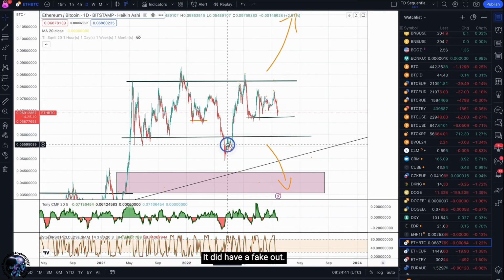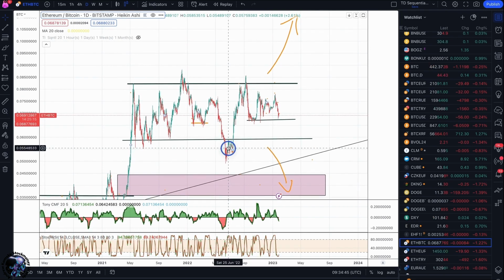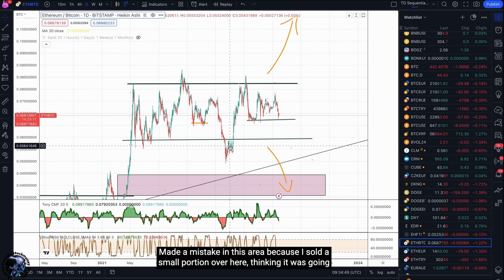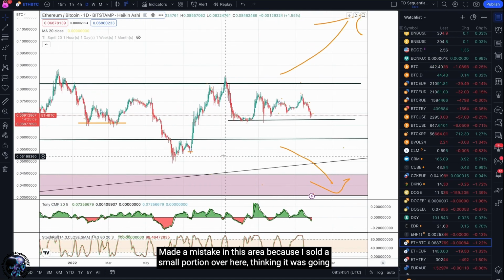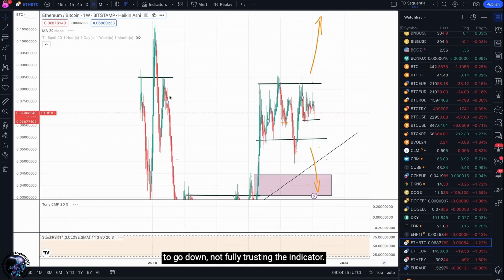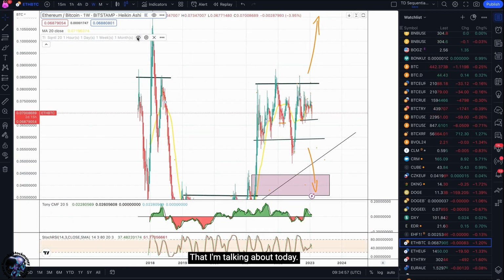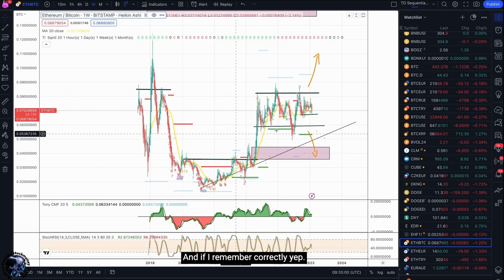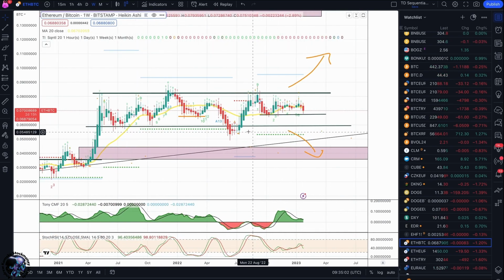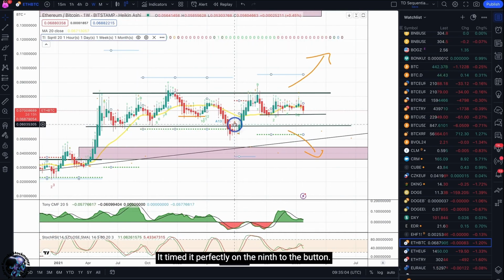It did have a fake out. This was when I thought Ethereum was going to crash. I actually made a mistake in this area because I sold a small portion over here thinking it was going to go down, not fully trusting the indicator that I'm talking about today. And if I remember correctly, yep, it timed it perfectly on the 9 to the bottom.